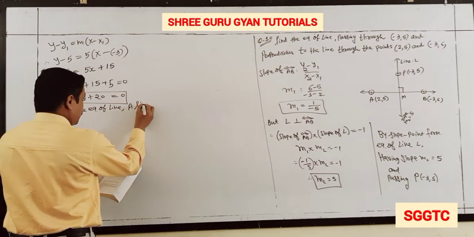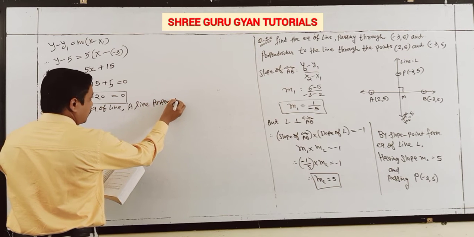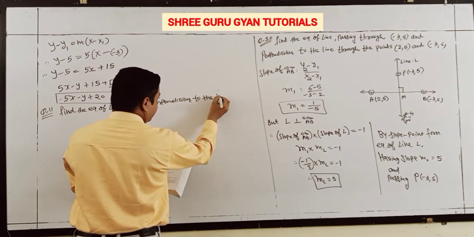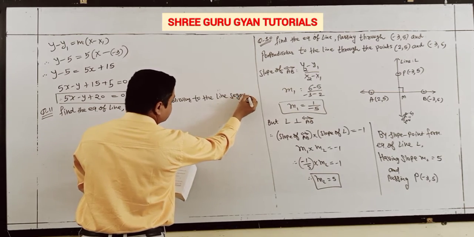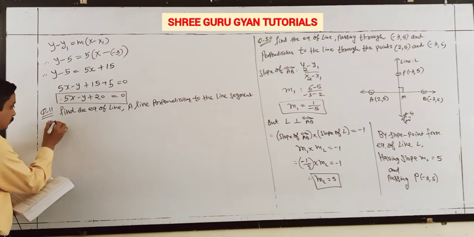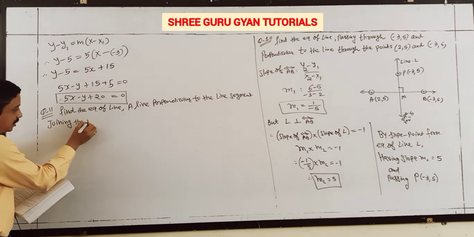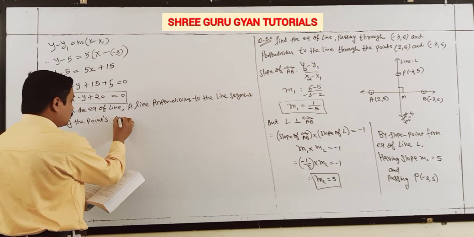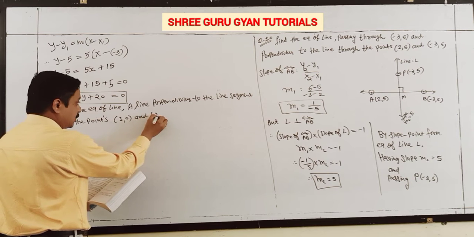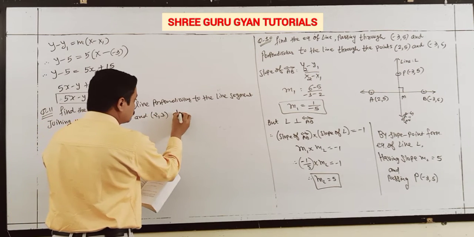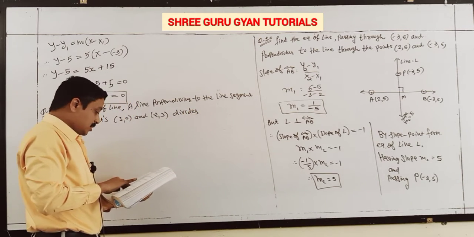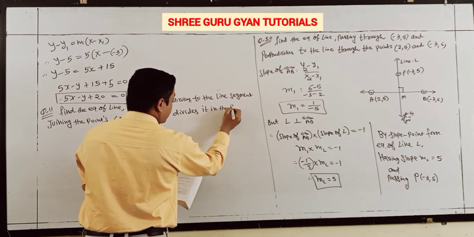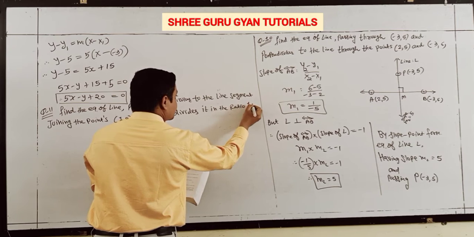Consider a line perpendicular to the line segment joining the points (1, 0) and (2, 3), and dividing it in the ratio 1:n.